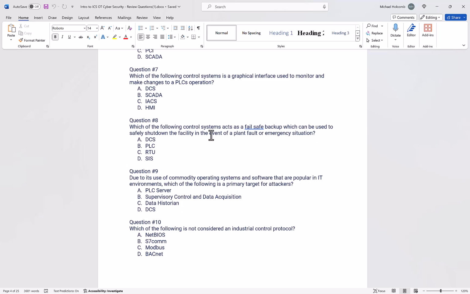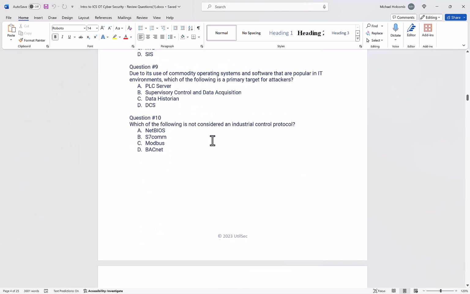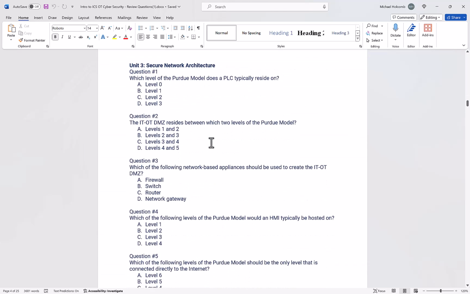All right, so that's unit 2. Let's go ahead and jump down to unit 3. In unit 3, this is where we've talked about why we need cybersecurity in control system environments.